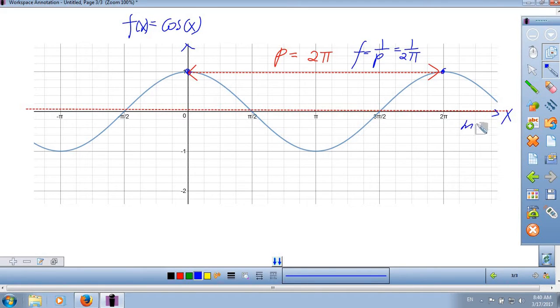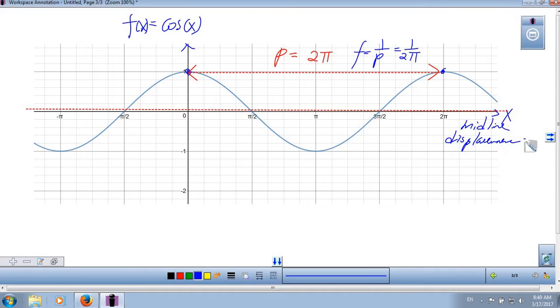This is my midline, or my displacement: x equal to 0, y equal to 0 here. Midline is at y equal to 0, and the distance between the midline and my peak and trough is 1. That's my amplitude. Amplitude is equal to 1.